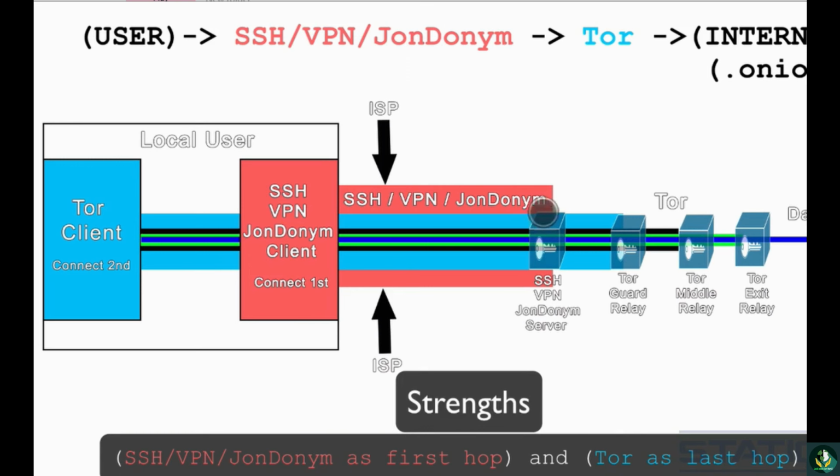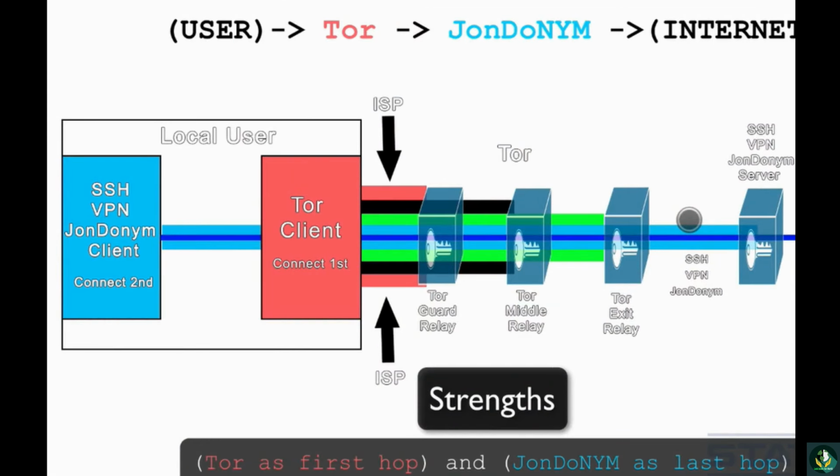There are some other options without a single hop or second hop or last hop, and between them there are also some other options using the ISP. In this process the user goes to TLS through VPN, SSH, or Jondonym, and finally Tor, then internet.onion, with VPN as the first hop and Tor as the last hop.